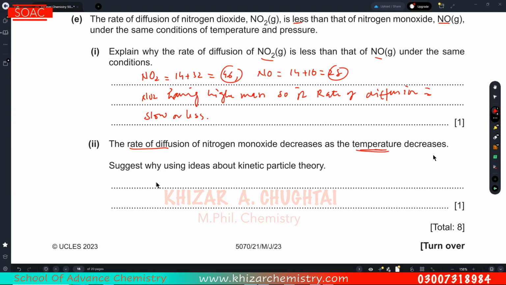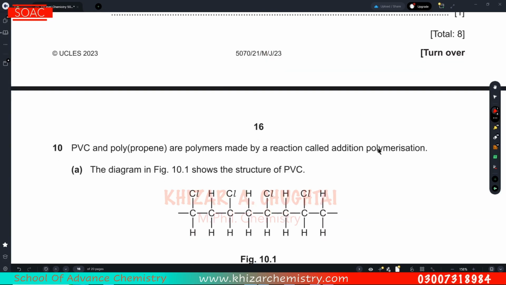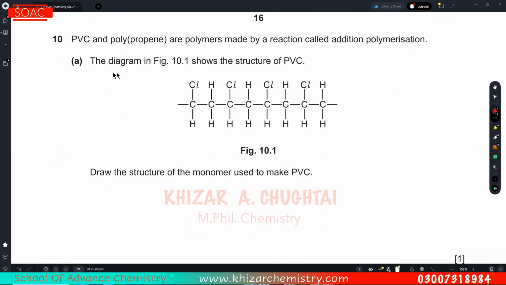So particles have less kinetic energy, and that is why at low temperature it has a lower rate of diffusion.